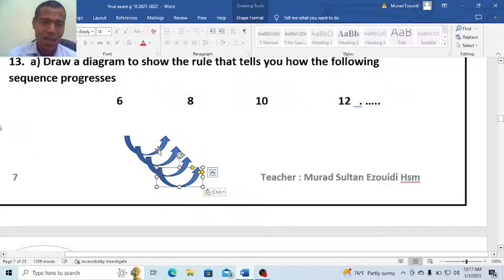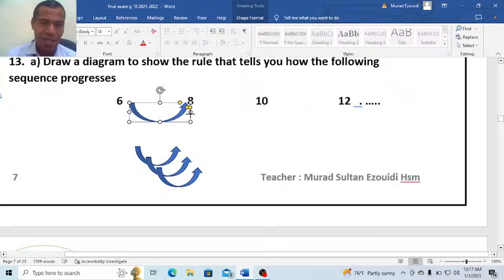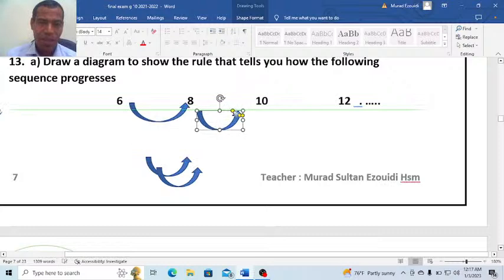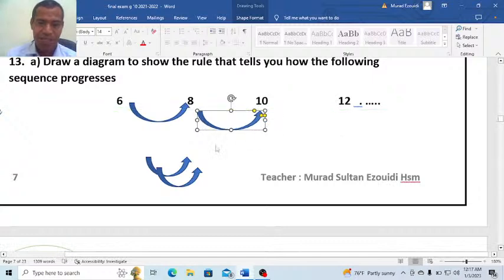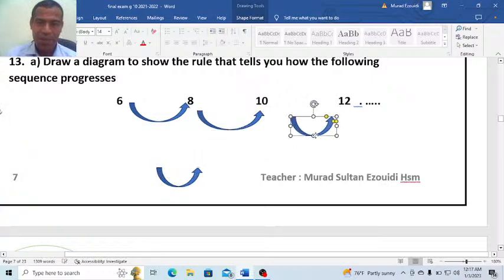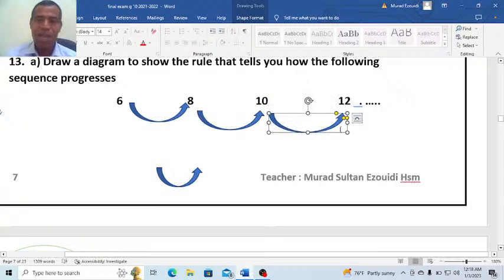So you can see that from 6 to 8, I should add what? In fact, learners, I should add 2. And from 8 to 10, I should also add 2. And from 10 to 12, I should add 2.